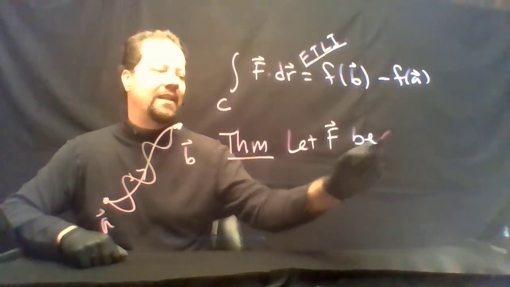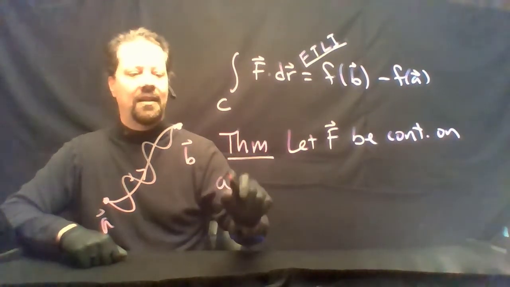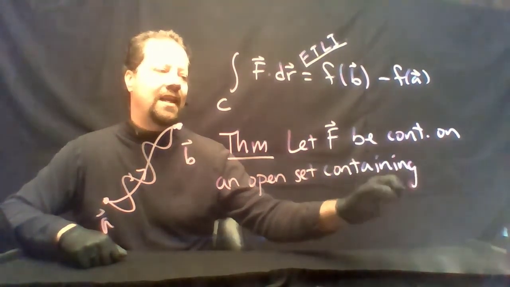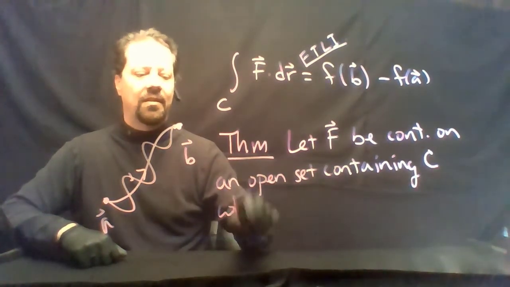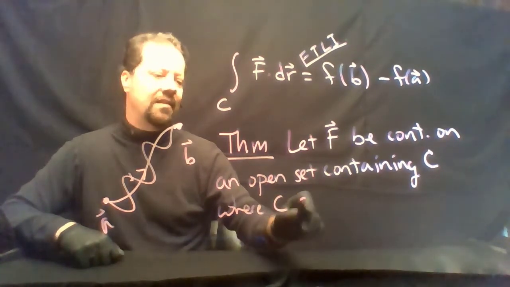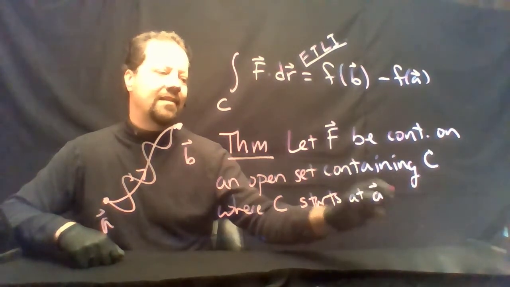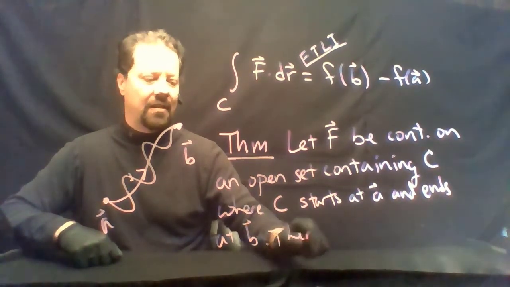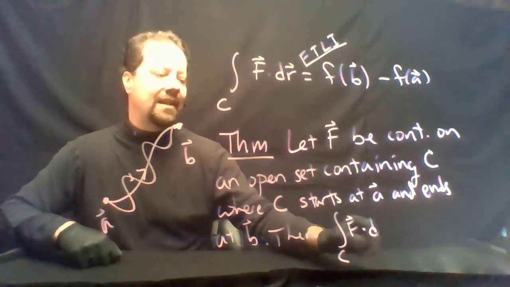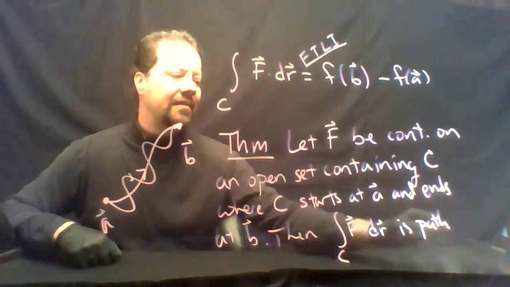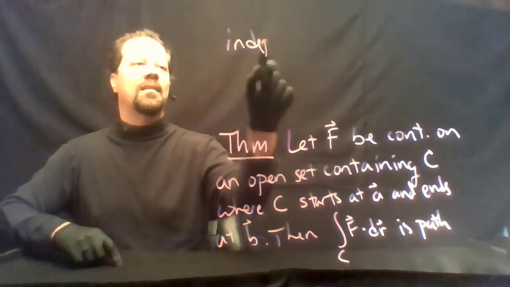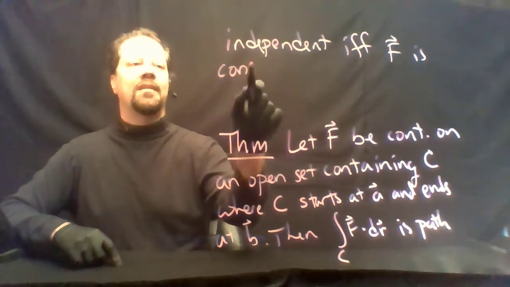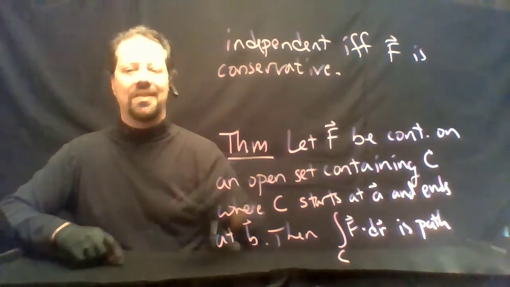Let F be continuous on an open set containing the curve C, where C starts at A and ends at B. Then the integral on C of F dot dr is path independent if and only if F is conservative.